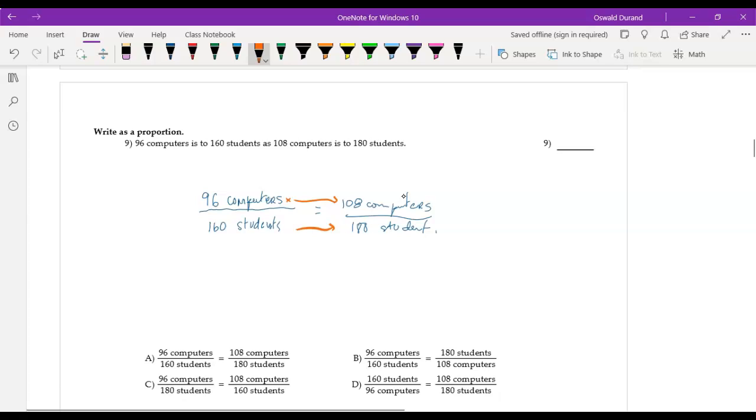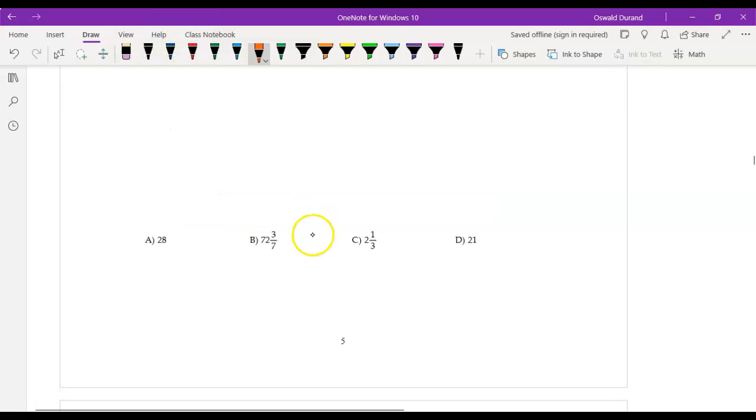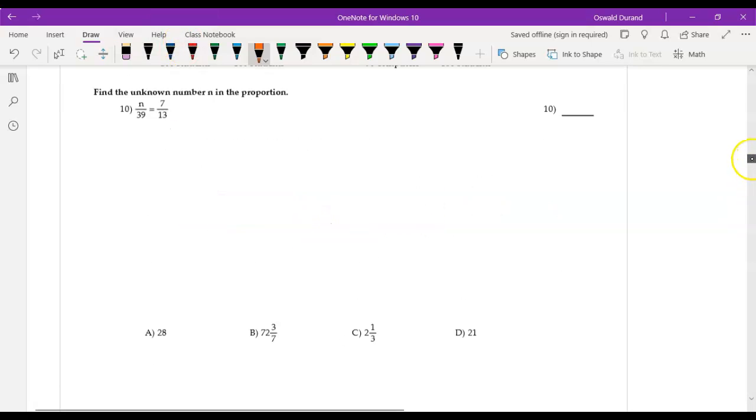You could write it the other way and you will get the same answer, but the way it's written, that's the way you want it. So I'm not going to show the other part. All right, let's move on.